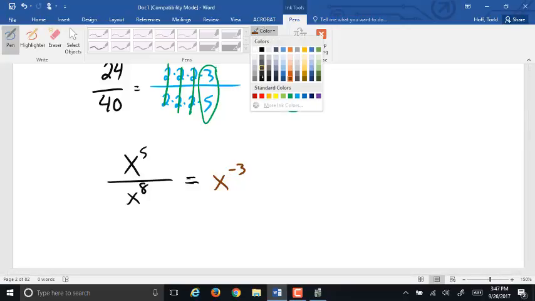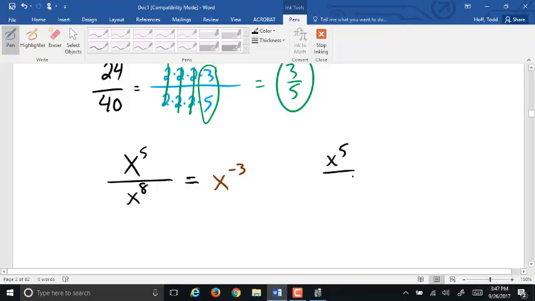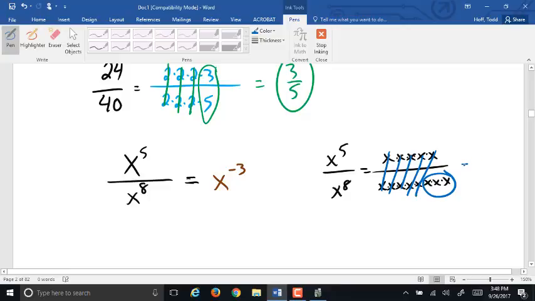Well, let's do it out the long way. x to the 5th over x to the 8th. X to the 5th is 5 x's. X to the 8th is 8 x's multiplied together. If we cancel out 1, 2, 3, 4, 5, what are we left with? We're left with x to the 3rd on bottom.